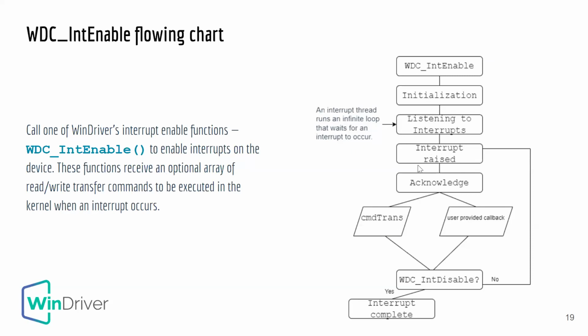Once the interrupt is raised, as we said, by a physical component in the device, it gets acknowledged, then it can either get a transfer command or a user-provided callback. Then it sends whatever it needs to send, and if we don't want it to be disabled, the loop comes back to the raise, and if we completed, then the interrupt is disabled and completed.